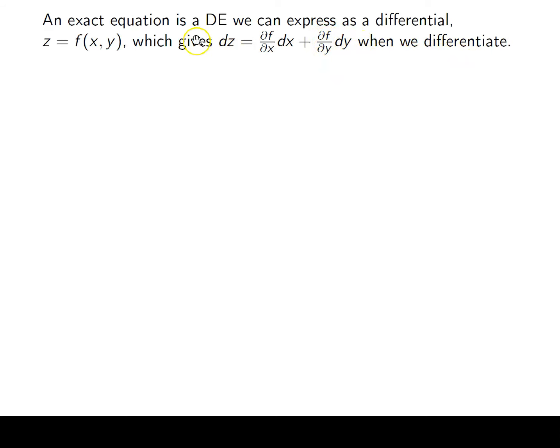Your function is differentiated in terms of x, and then you have an x prime type term. You get your derivative of this function in terms of y, and then you get your y prime term, right?